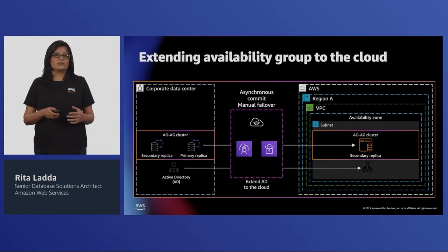If you're currently using SQL Server Always On availability groups on premises, you may extend your on-premises availability group to AWS. This migrates data and replicates changes to databases in the cloud until you are ready for cutover to the cloud. Ensure you have appropriate network bandwidth for data transfer.